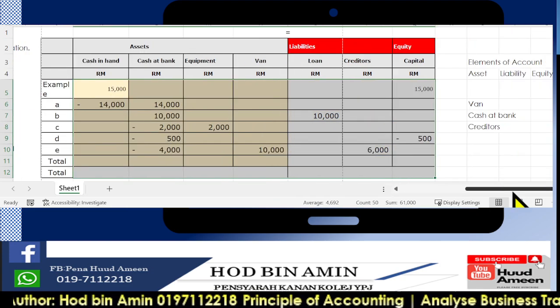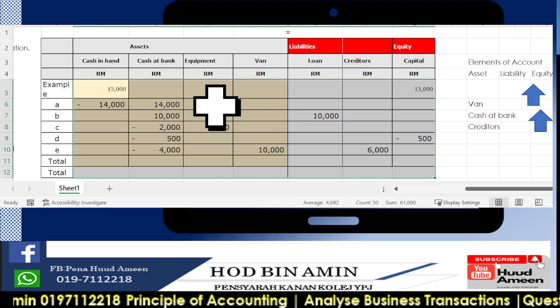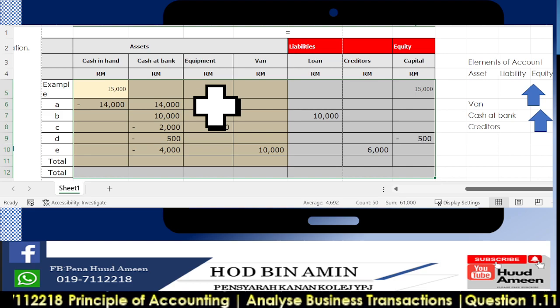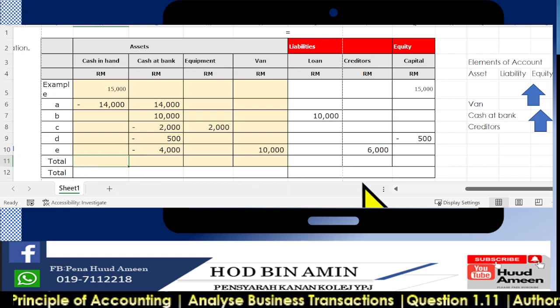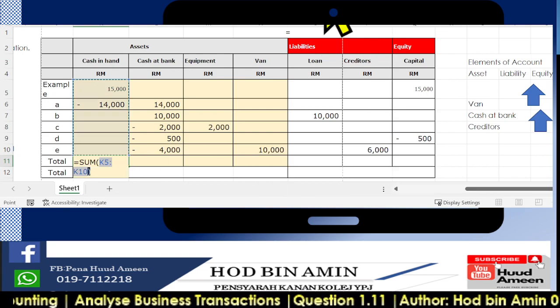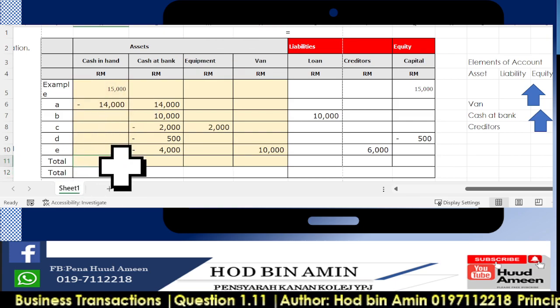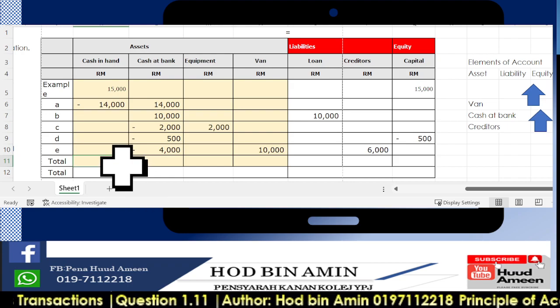Okay, so now you have to forget looking at the question again, and then you just total up. I'm using Excel, it's easy. Total it up.